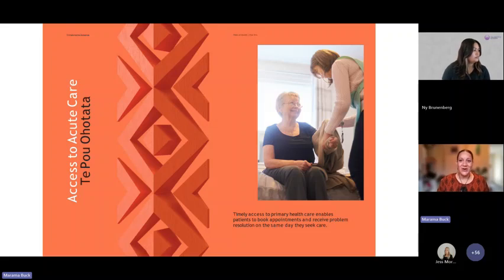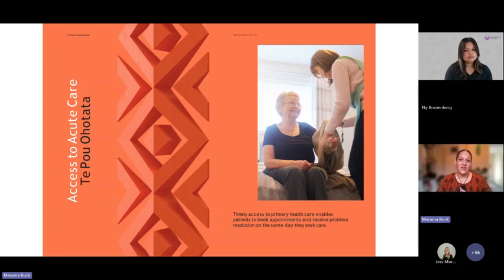Okay, the second Pou we're going to talk through is Te Pou Ora, which is access to acute care. So acute care shouldn't feel chaotic. It should be smooth, same-day care that has really clear processes that the whānau you're caring for and your staff can just easily and smoothly go through those processes.